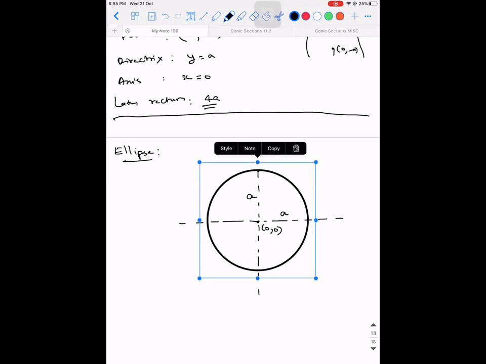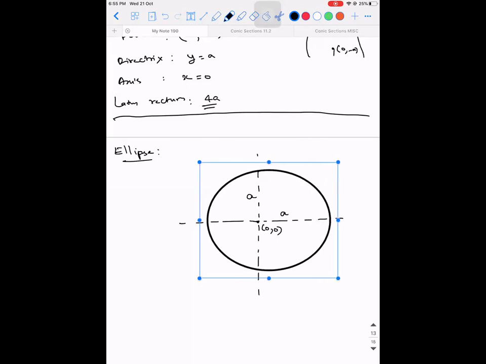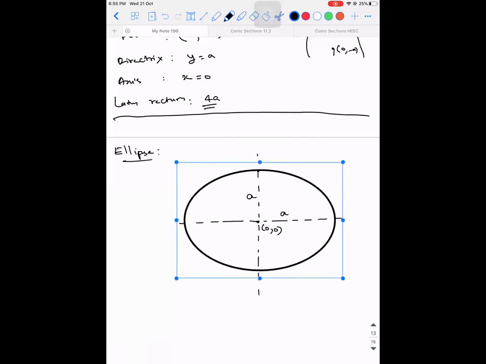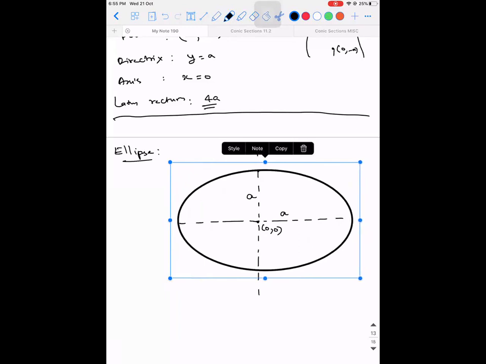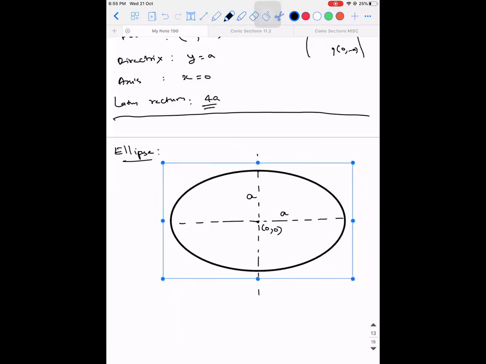Okay. If the circle is elongated in this way, you're able to observe that the shape has changed. Right? So initially it was circular, now it has become an oval shaped figure.